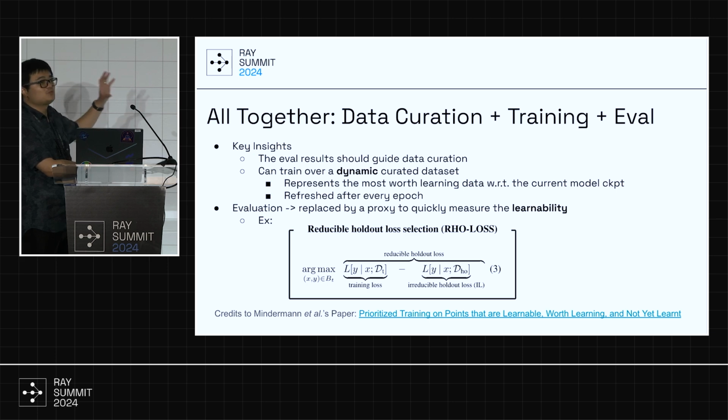This is just one example, because my presentation is more about system-level optimization, not algorithm-level. This paper was recommended by a friend who works at a data startup. The idea is that this is the loss we computed with the current checkpoint, and then we have another holdout model that computes another loss, and we compute a delta, basically trying to measure the learnability.